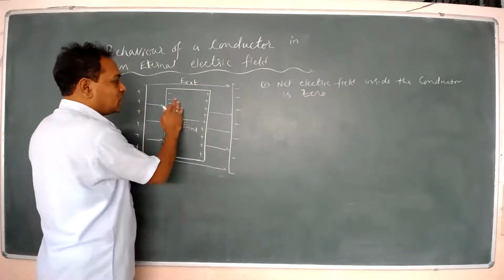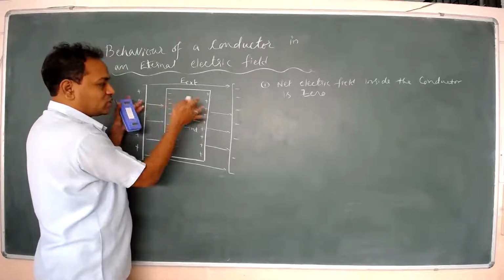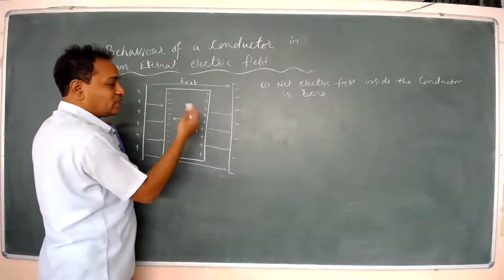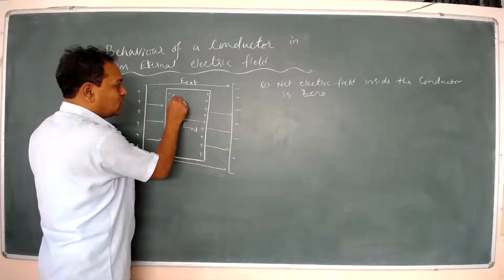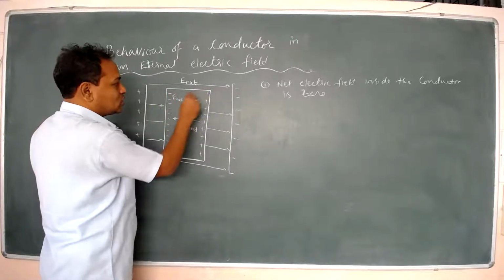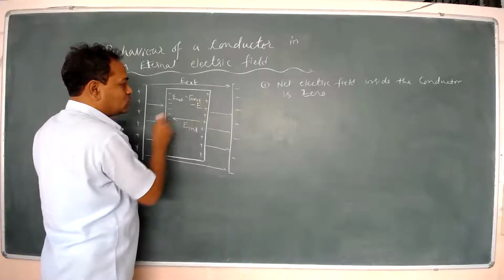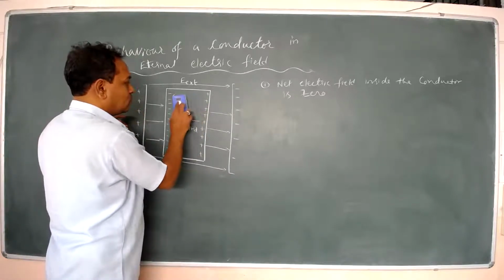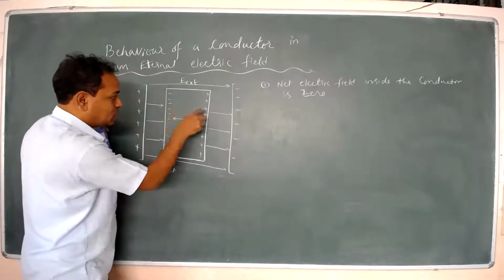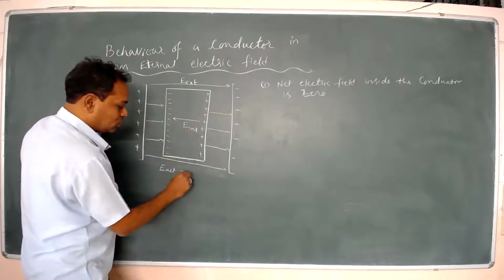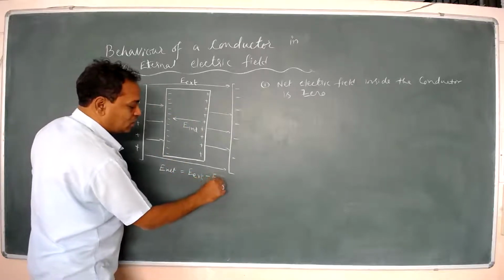That means E net is equal to E external minus E induced.